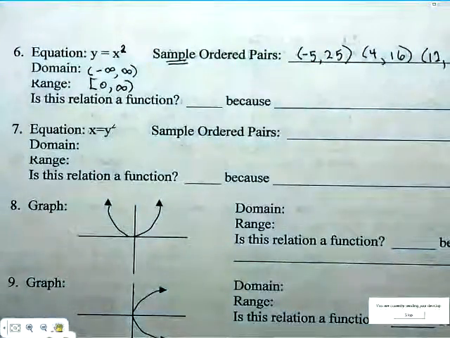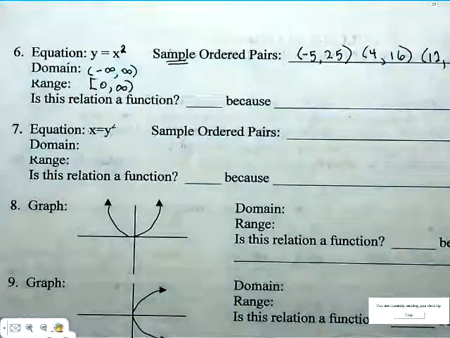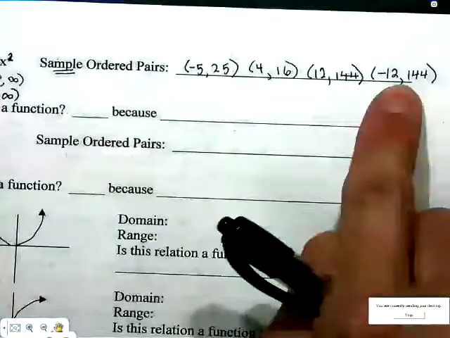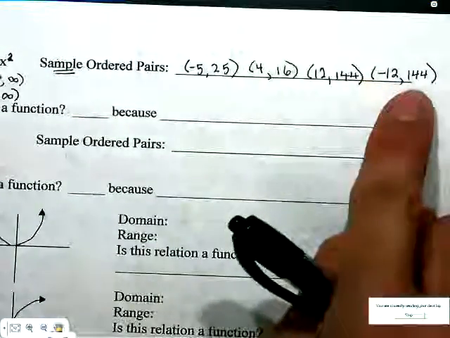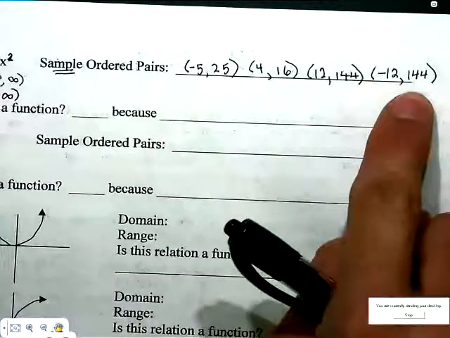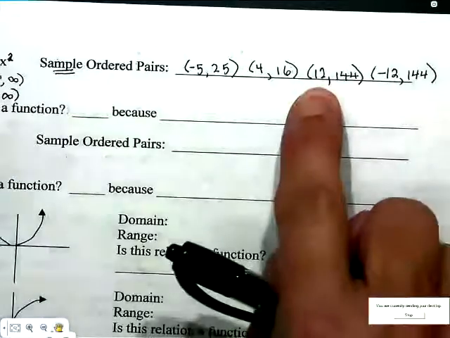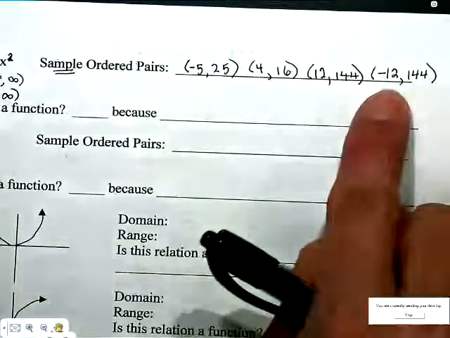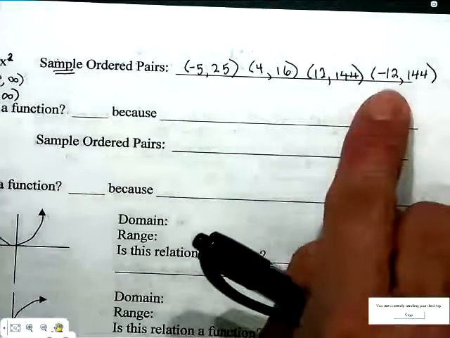Does that equation represent a function? What about the fact that negative 12 and positive 12 had the same y values? That doesn't matter because 12 only has one right answer to what's its square, and negative 12 only has one right answer to what's its square.